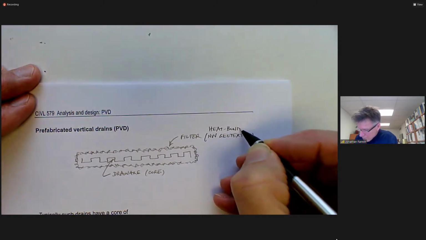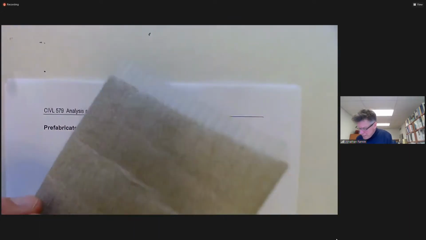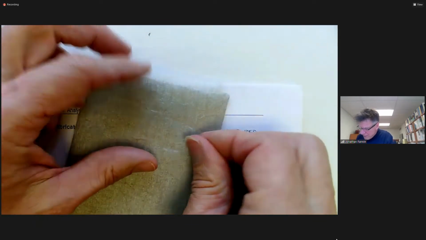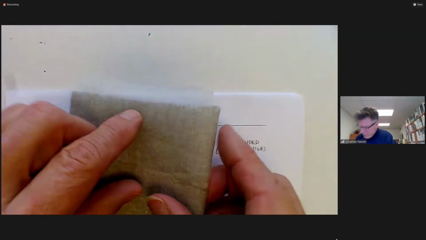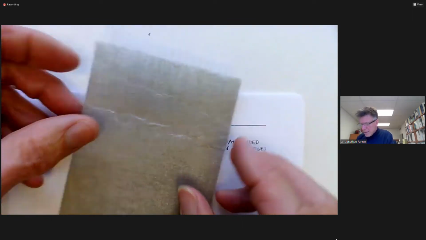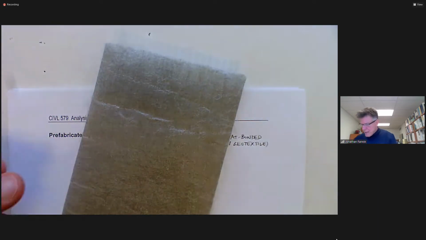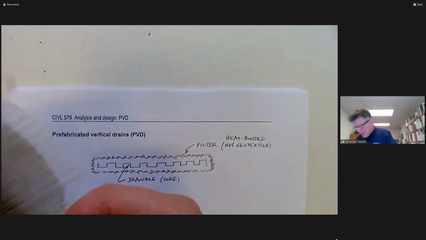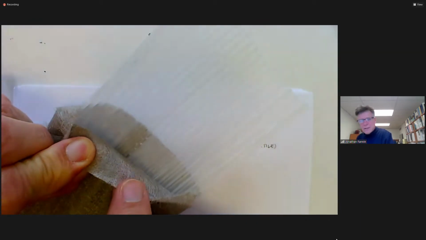By heat bonded, we mean that the fibers, and you can see it here, the individual fibers, aren't they incredibly small? The individual fibers have been laid down and then passed between two heated rollers and essentially compressed together. It tends to produce a side that's quite glossy. It's on the inside here.